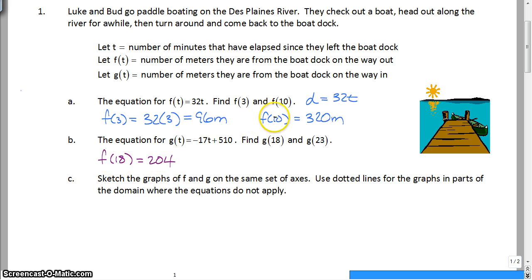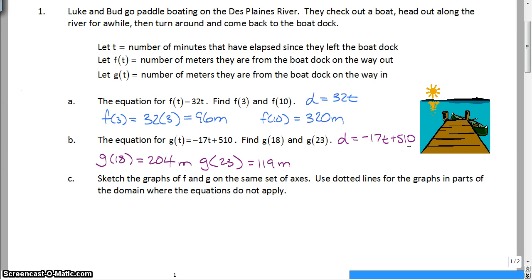As you can see, 18 is bigger than 10, so as time elapses, we're starting to get closer. Obviously you can kind of predict that we are about to eventually find out when they're equal. So if we find G of 23, we're even closer to the dock. We're down to 119 meters. And this could also be thought of as the distance from the dock is negative 17t plus 510.